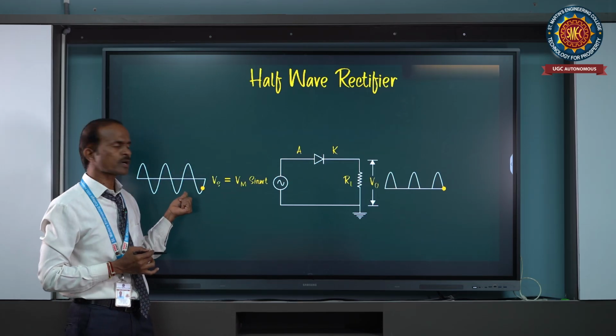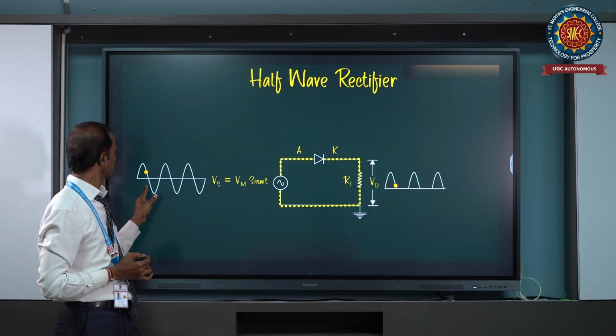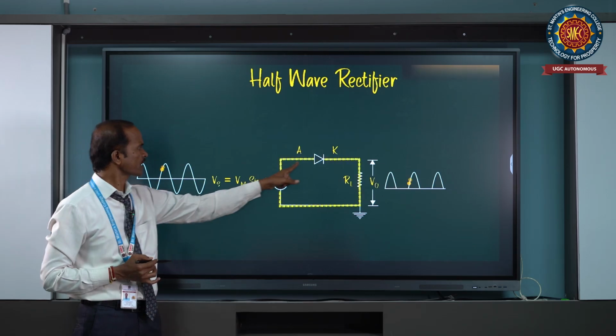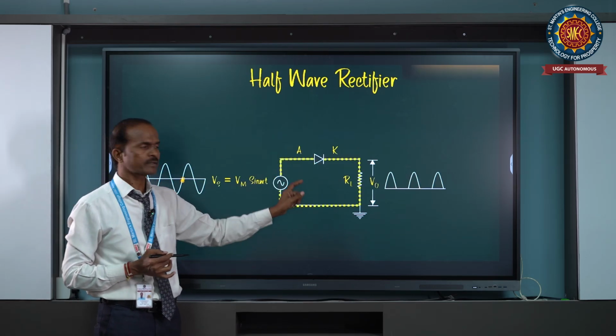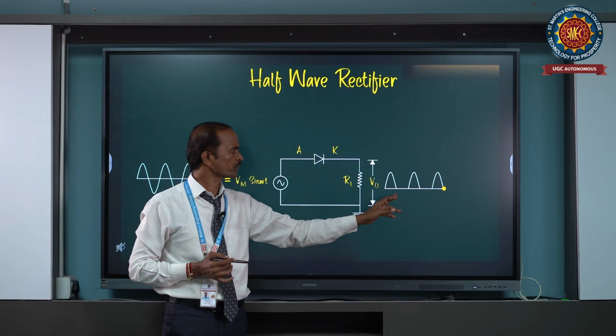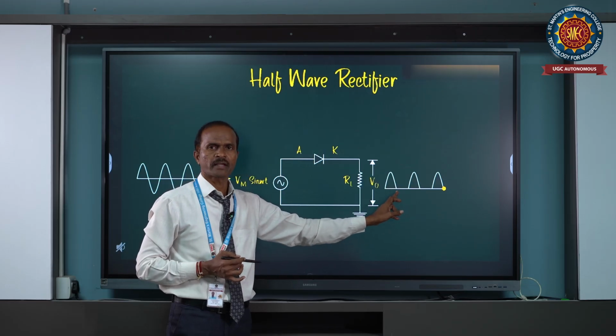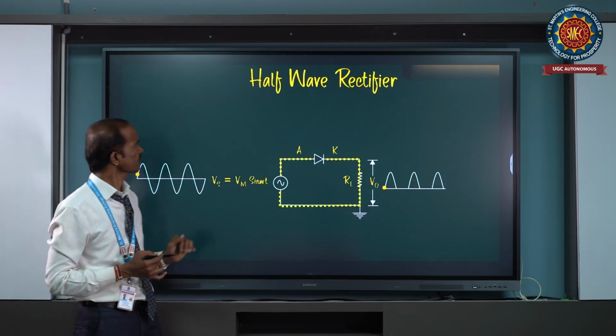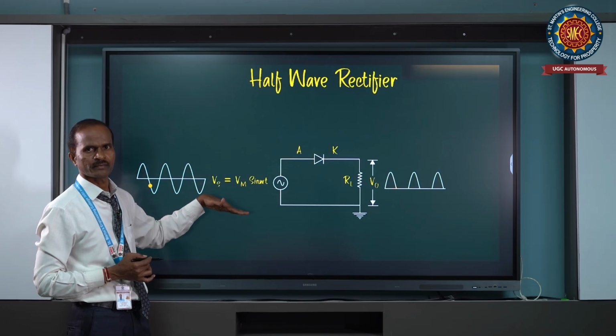Similarly, during the negative half cycle, what is happening here? During the negative half cycle, no current is passing through it. Because no current is passing through it, no voltage drop appears across the output. So this is the half wave rectifier, right?